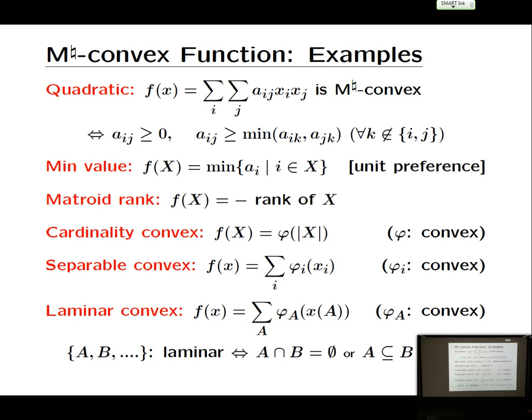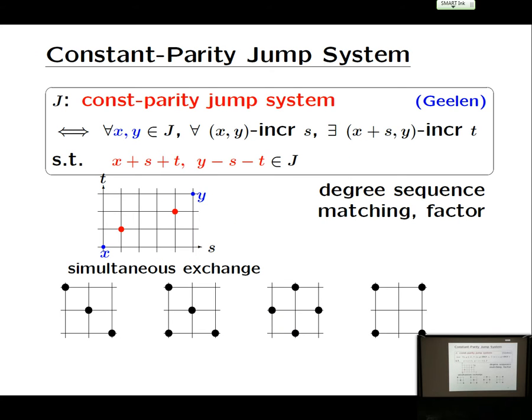Or for a quadratic function, we have such a simple criterion. Actually, this is pretty much related to discrete metrics, okay? Tree metric or ultrametric. Okay. So, any question about L and M convex functions?